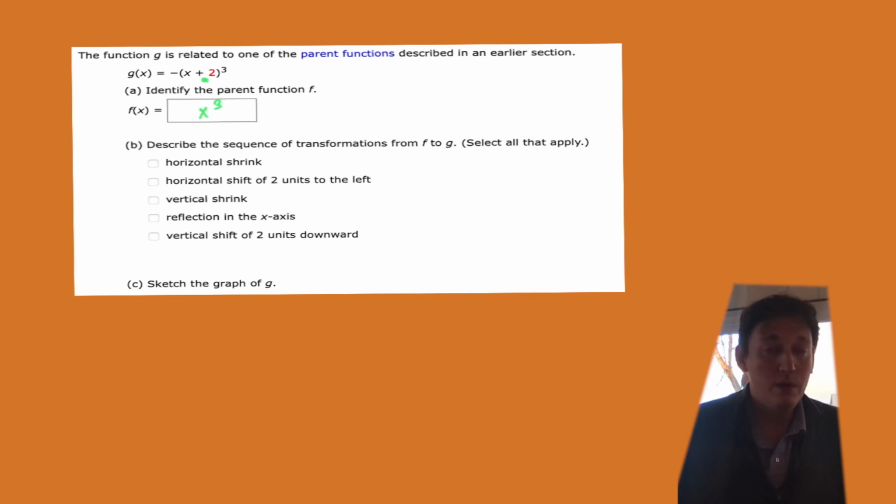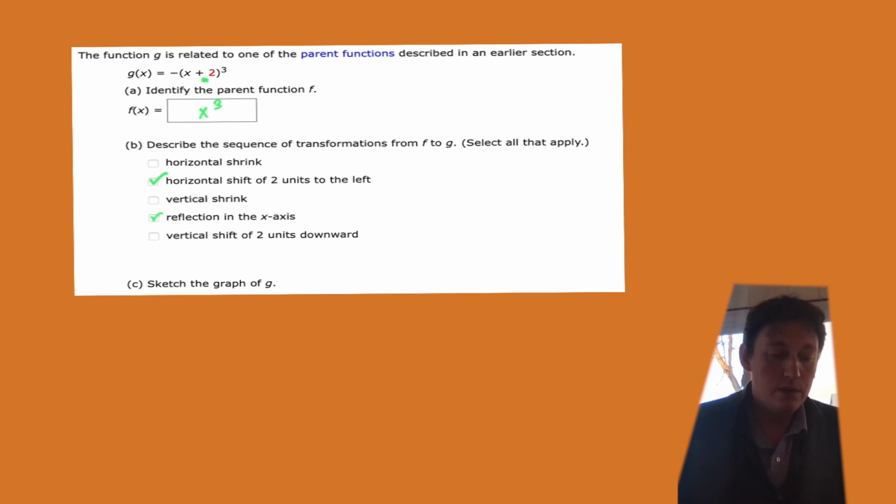You would think it would go to the right, but it goes to the left. So it goes left 2 units, which is a horizontal shift, which is this one. And then the negative on the outside flips it upside down over the x-axis. So it's a reflection over the x-axis.